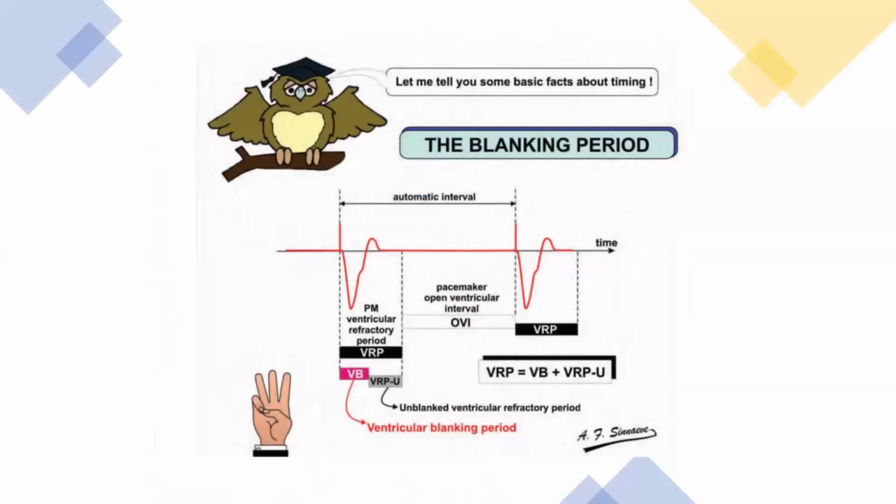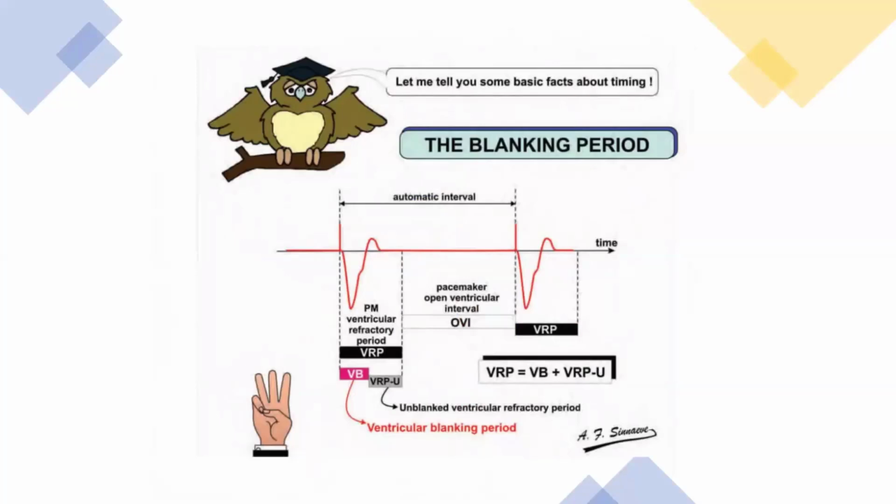There is a further concept. It's a little bit more difficult, but it's not that difficult, which is that this refractory period is divided into two intervals. The first part is called the blanking. The pacemaker is completely blind. It doesn't see anything at all. And in the remainder of the refractory period, the pacemaker is able to see, but it ignores.